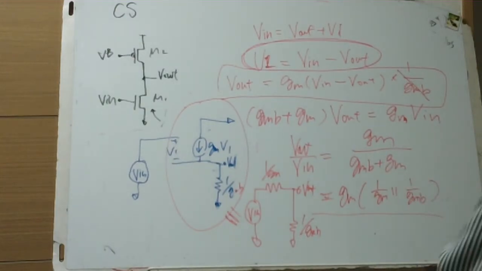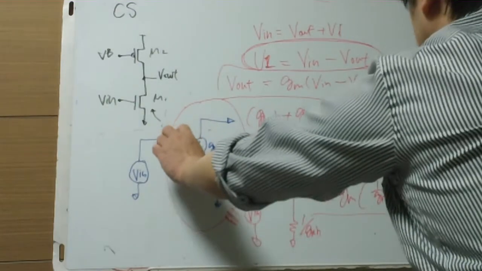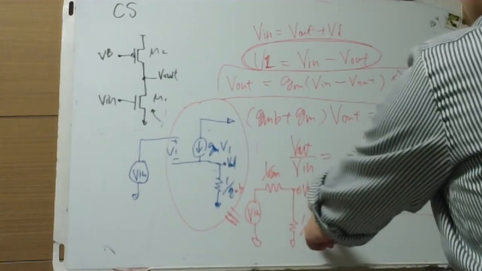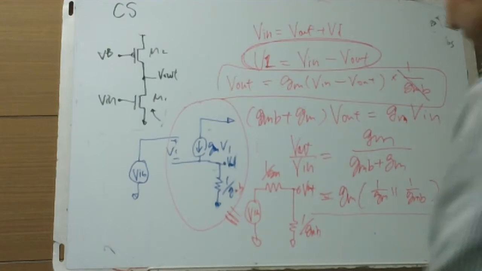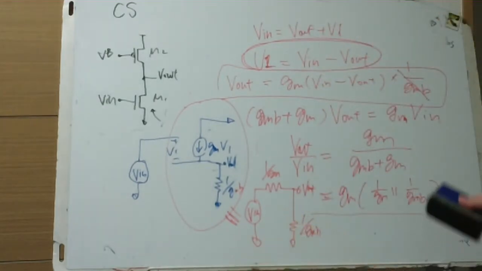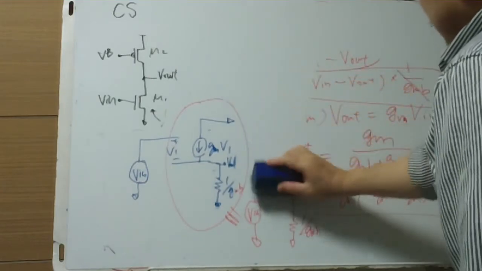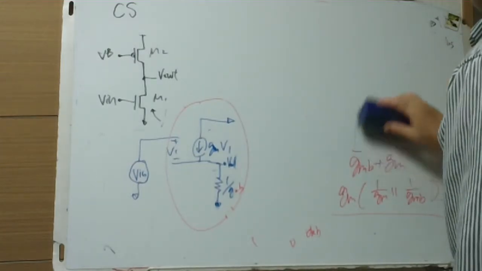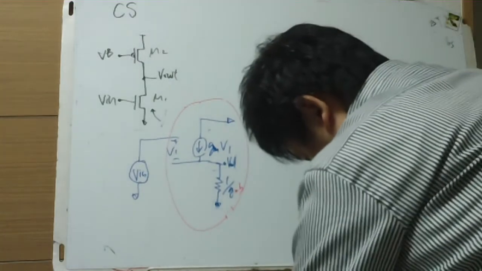But so this is V1, and this is V1, and this is V in, and this is V in, and 1 over GM, and V out. Okay, I see. But if you knew that before, at this time I understand, and I remember I understood last time.